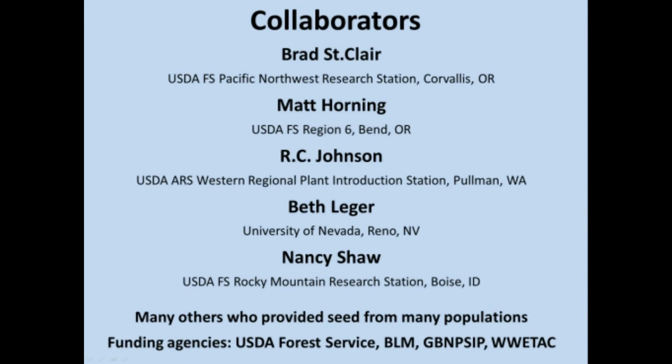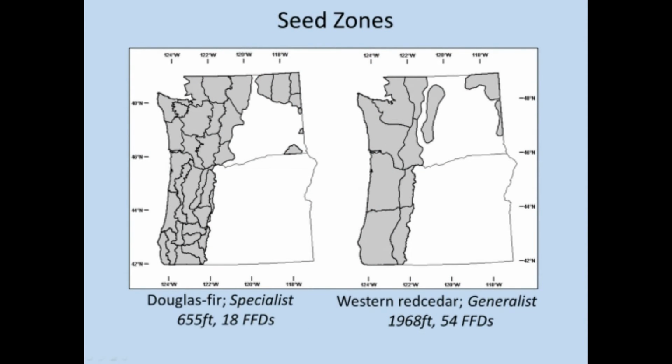Well, so primarily we work with seed zones. Seed zones were developed over the last century and primarily in forest species. These are seed zones for Doug fir, western red cedar. And basically the idea of a seed zone is that you try to keep transfer of genetic material within the seed zone.